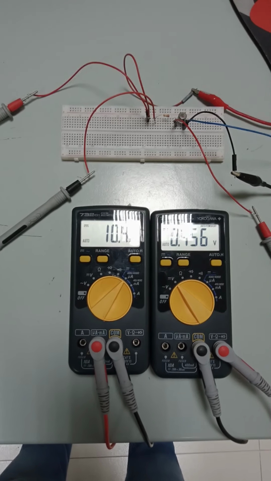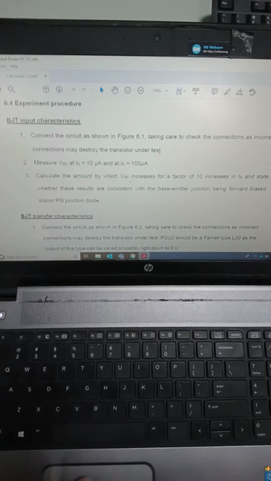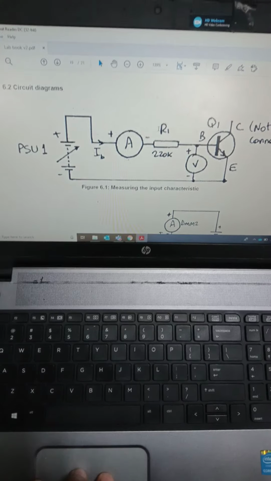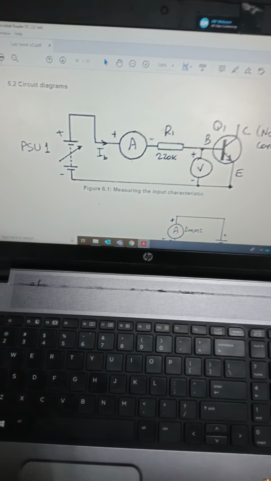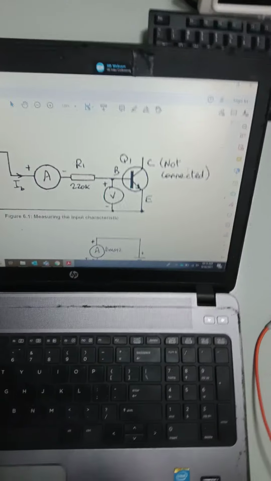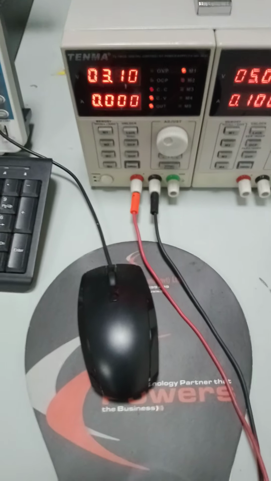As you can see in here, I have connected the circuit in figure 1. So we are giving the supply from this DC power source.